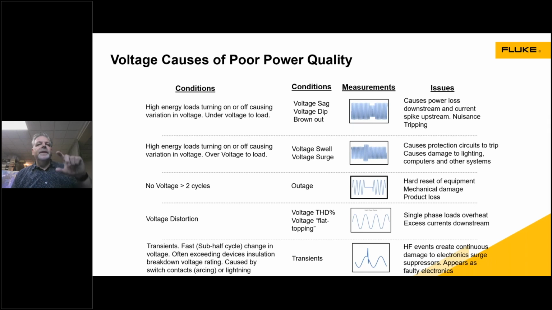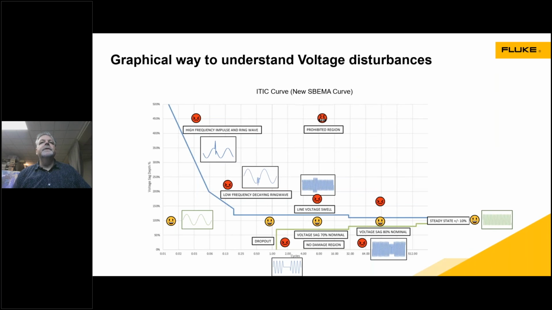Voltage distortion, that's where we get flat topping on the peaks of voltage waveforms, also known as clipping, but that can create big problems for harmonics and also other single phase loads like electric motors that aren't getting fully energized with the peak of the voltage. Again, transients, those are the high frequency, high voltage events. They have a tendency to roll through protection circuitry and take out electronic components.